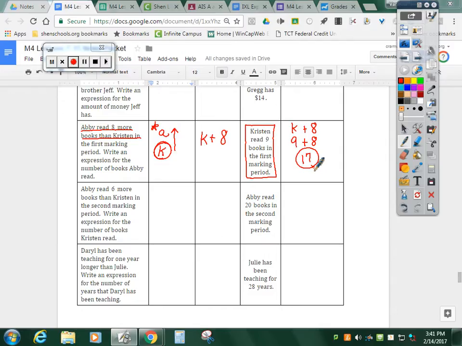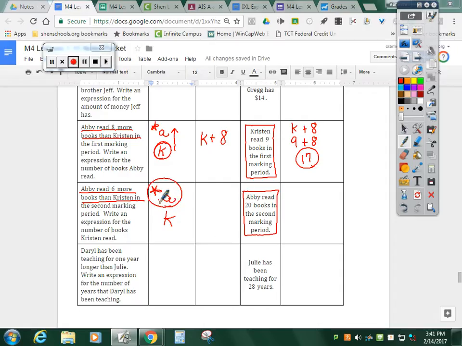Abby read 6 more books than Kristen in the second marking period. I'm going to stick with A and K. Abby still read more, but by a different amount this time. When I look at the given data, it gives me the number of books Abby read, so that is the variable I'm going to choose.